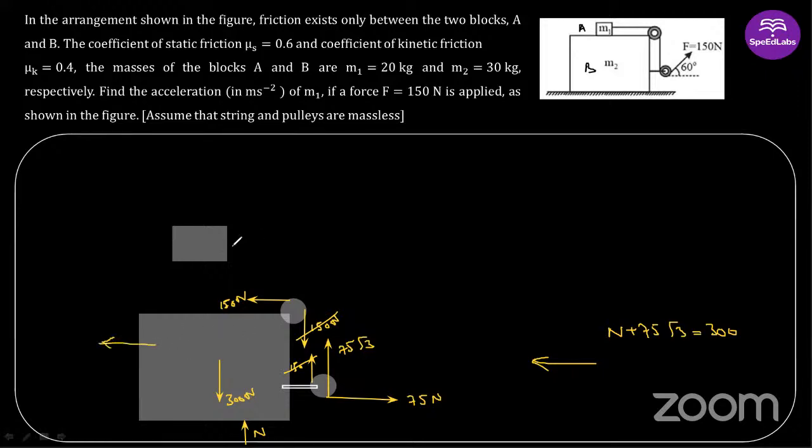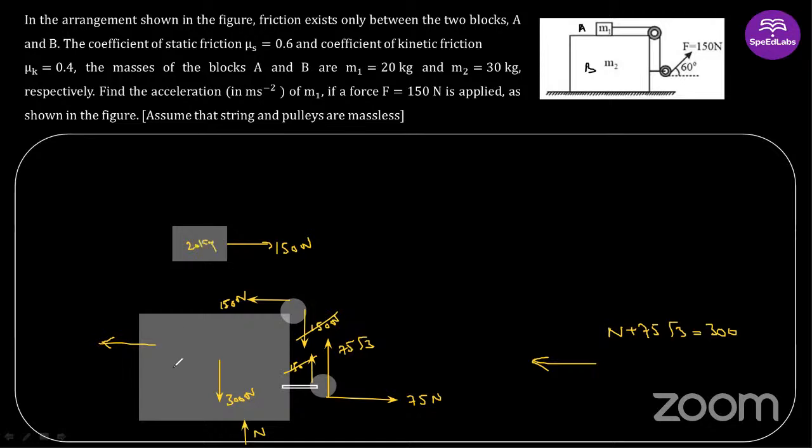What about this block? This block is having a force of 150 Newton over here. Then friction will be acting obviously between these two. So one second, what is the acceleration of this block? We need to find the individual acceleration without friction, and then we need to apply the friction as per the situation. So I haven't considered friction between these two at all. This block is having a mass of 20 kg.